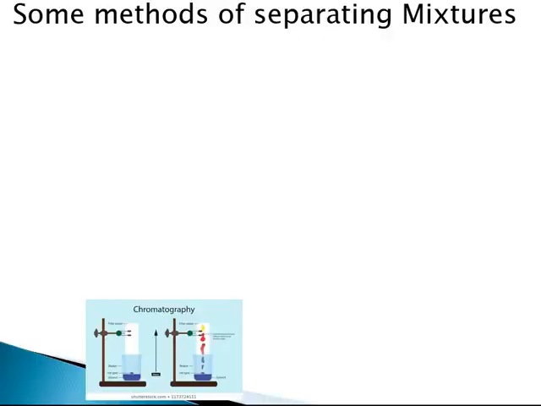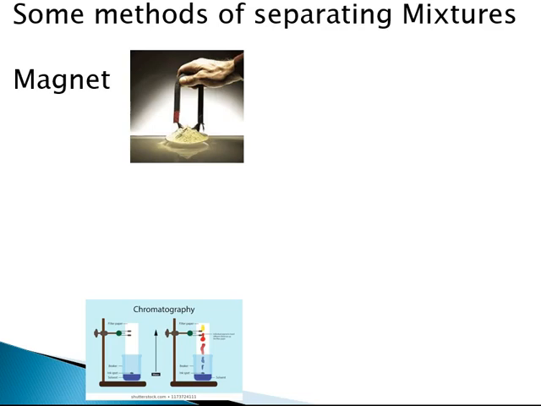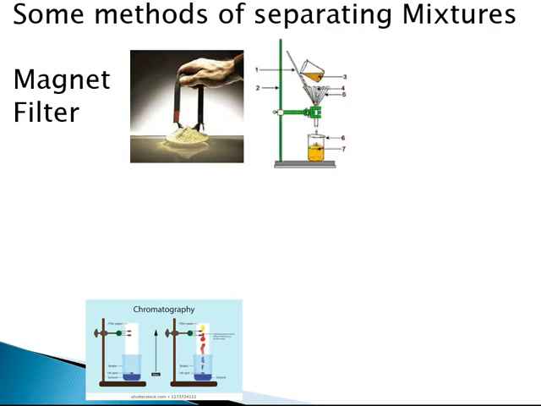So there are some separation methods here. You can separate something that's magnetic and non-magnetic if they were mixed together using a magnet. You could separate something that was liquid and something that was solid with filter paper in a filter. You could separate a larger size particle and a smaller size particle with a sifter.